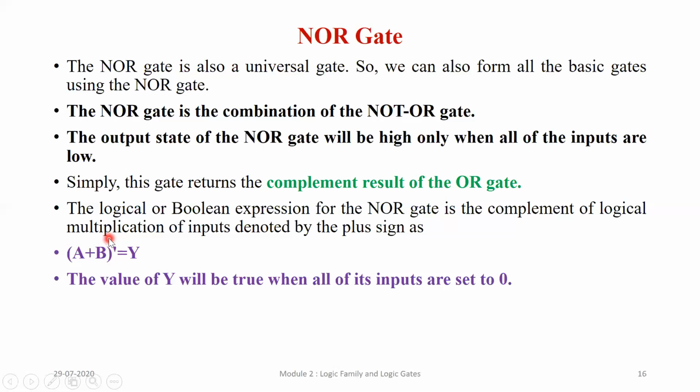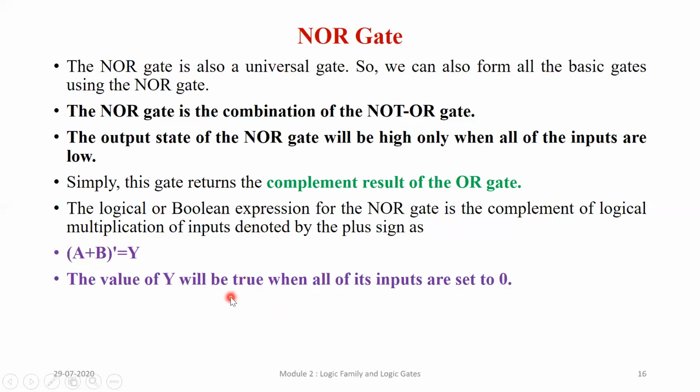Otherwise, if you simply put a bar over there, it will look like only the complement of B. But what we are doing is ORing A and B and taking the whole complement. So the value of Y will be true when all of your inputs are set to 0. For an OR gate, when all my inputs were 0, the output was 0. But here my output is 1. True means 1, which is high.